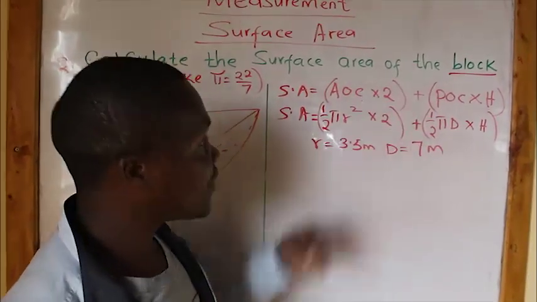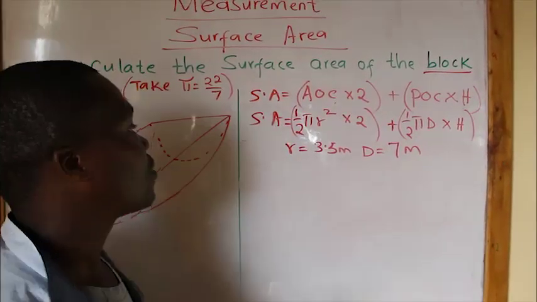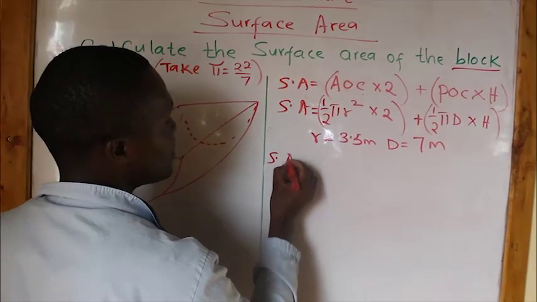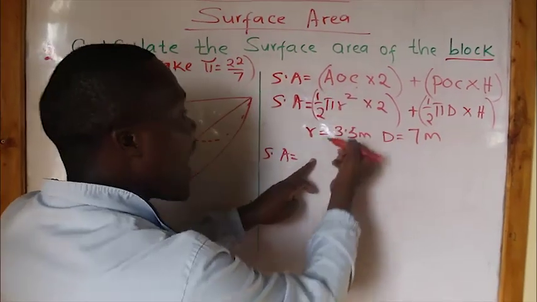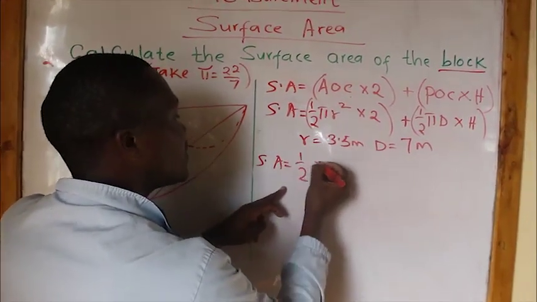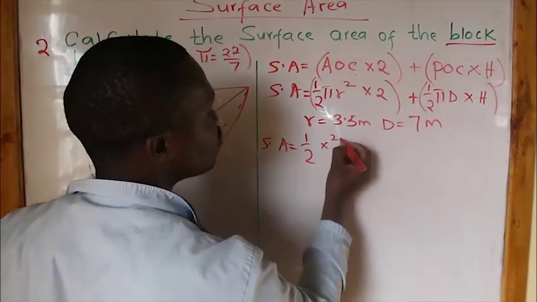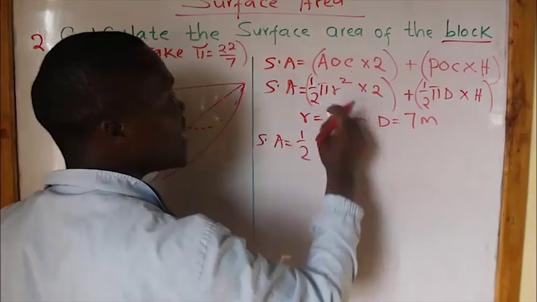Now, with this interpretation, we are good to go. So surface area will be, let's go with the formula. Pi times the radius times 2, that is 22/7 times the radius.